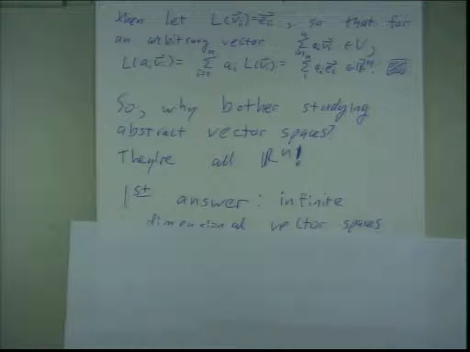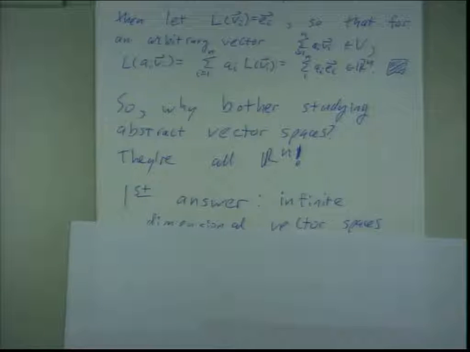And the span of these things here is a set of polynomial functions. Okay? And you know that two polynomials are equal as functions if and only if their coefficients are the same. So that means that these things here are linearly independent.